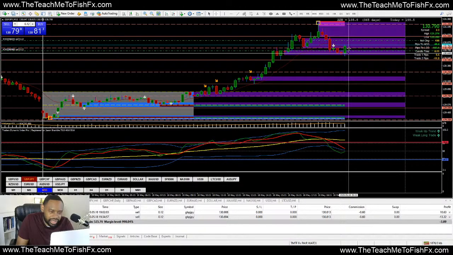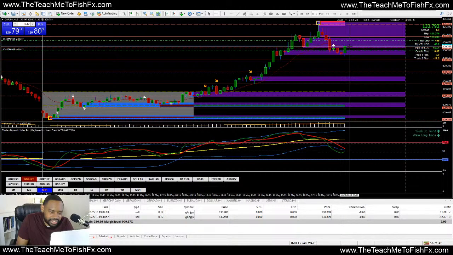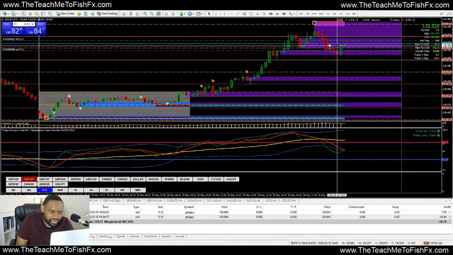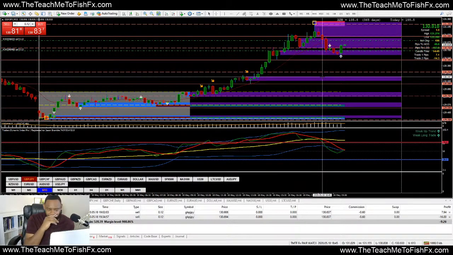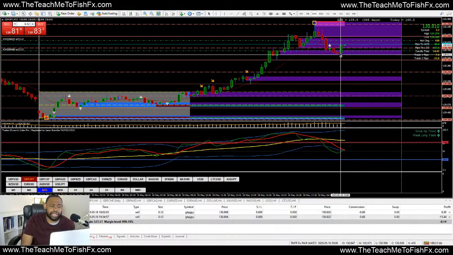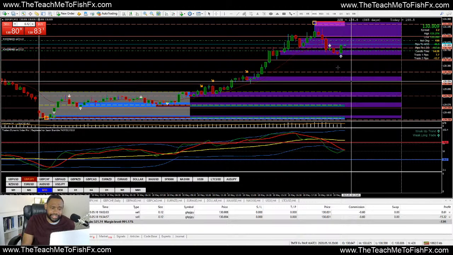Depending upon where it closes, it may take that out. So this may be a good spot for me just to take what I can take, but let's see. Yeah, it closed above, so it looks like it's gonna retrace all the way back up, and it could possibly set a new high.